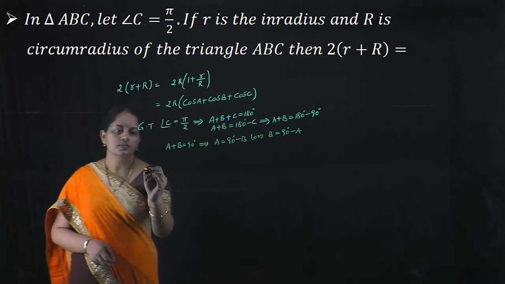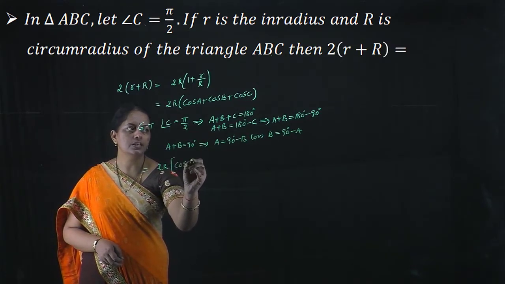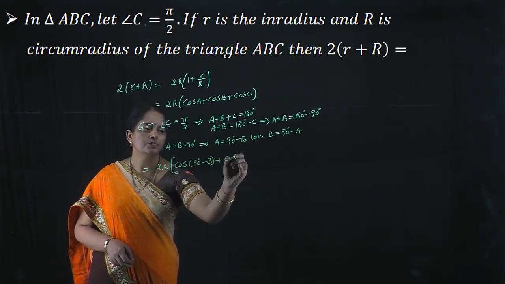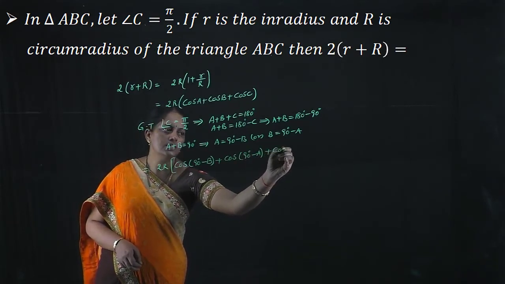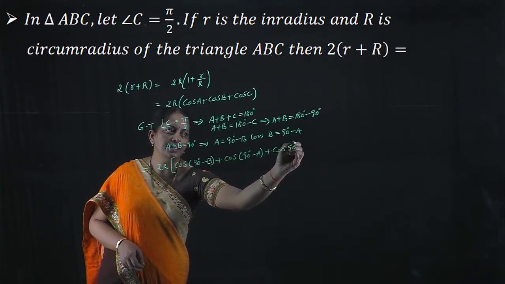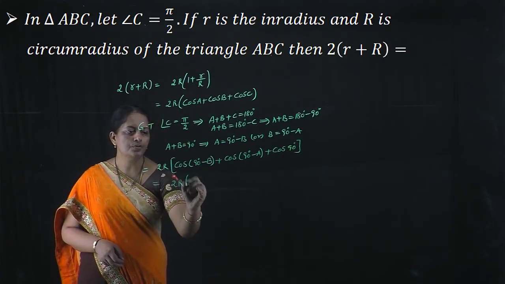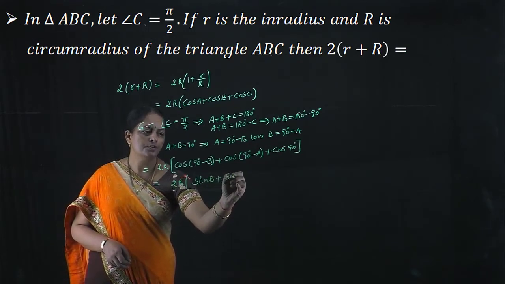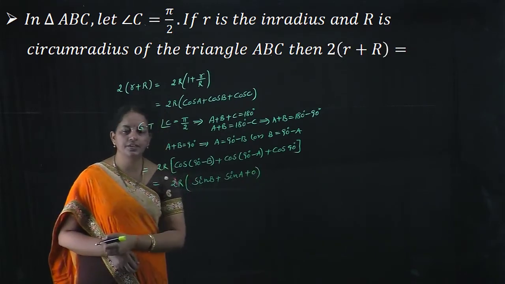Okay, this is equal to 2R into cos A, meaning cos of 90 minus B, plus cos B, meaning cos of 90 minus A, plus cos C, meaning cos 90 degrees. This is equal to 2R into cos of 90 minus B, which is sin B, plus cos of 90 minus A, which is sin A, plus cos 90, which is 0.